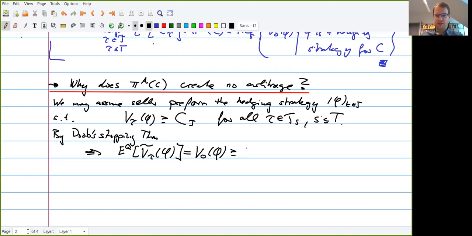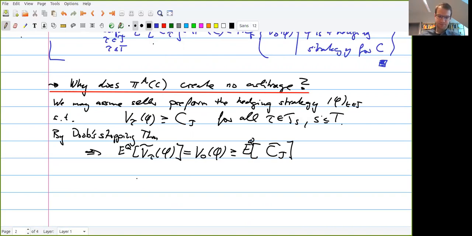And I can also take the expected value on both sides. So I get the expected value under Q of the discounted American option at time tau. All right.